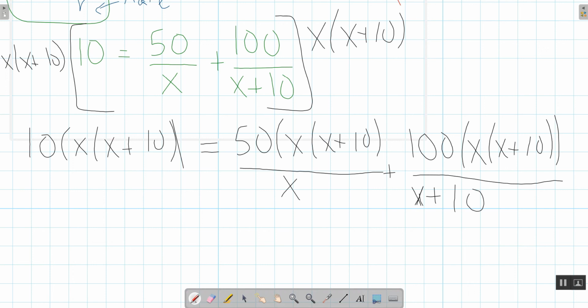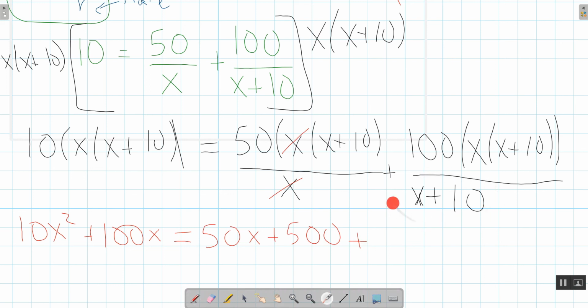All right, now we can just start canceling. Nothing cancels here, but if we do some expanding, we end up with 10x squared plus 100x equals, now from our first part, we have an x on the top, we have an x on the bottom, which means we can cancel those. So from here we have 50x plus 500 plus, and now in this part of the equation, we've got an x plus 10 on the bottom, x plus 10 up top.